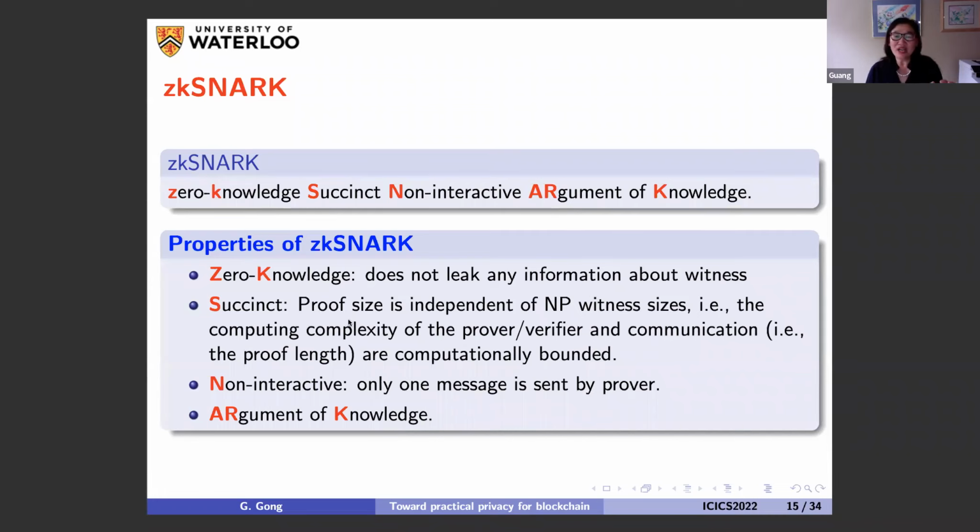Succinct is about the proof size, which is independent of the NP witness size; or we could say the computational complexity of the prover, the verifier, and the communication, including the proof size, are bounded. Non-interactive means only one message is sent by the prover. And for argument of knowledge, the argument and proof have a distinction, but I won't go into detail about this here.